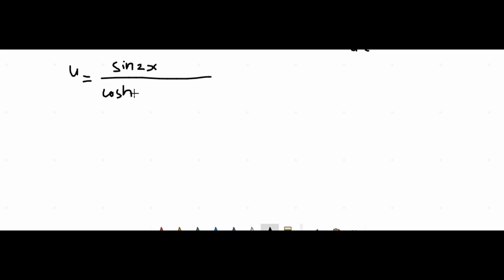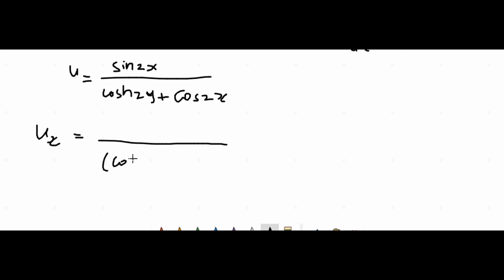By applying the u by v concept, the denominator v square is cosh 2y plus cos 2x the whole square.